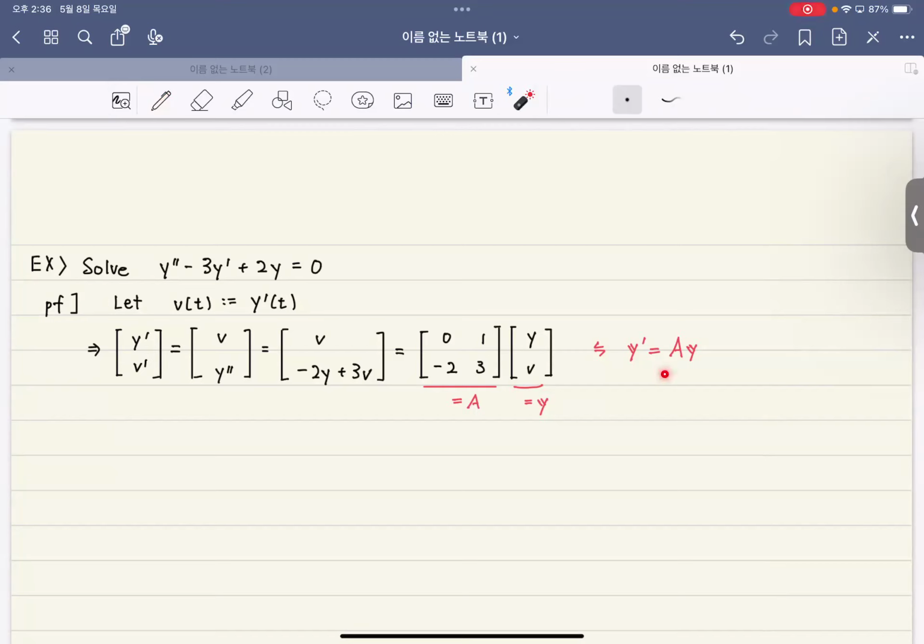In order to solve the system, first we need to find the eigenvalues and eigenvectors of this matrix A. Now this is quite a routine computation.